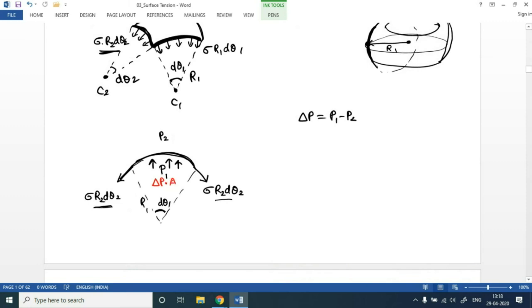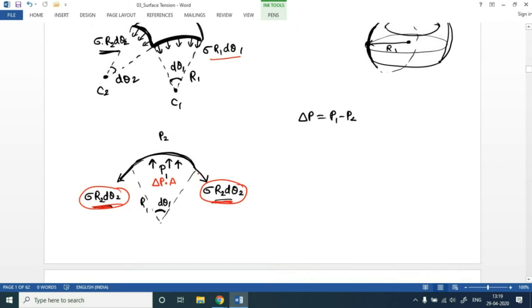We will again look at the force balance. What would be the total force towards the center? If you look from the left or right side, you will see sigma r1 d theta 1 on one side and sigma r1 d theta 1 on the other side. So let's take the central component of these two forces.